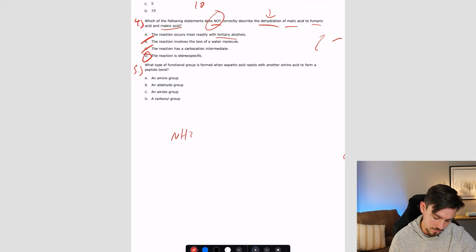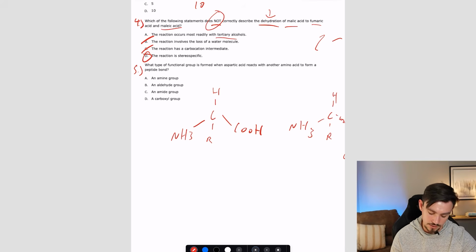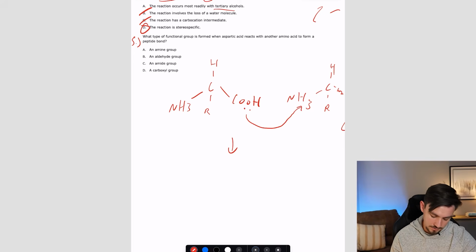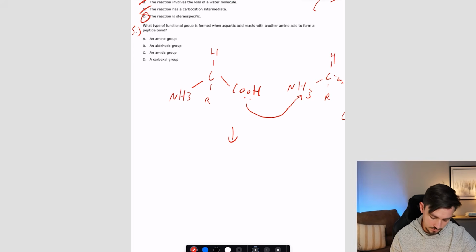So a normal amino acid, just gonna say R, H, COOH, and then it's adjacent to an additional one. None of the other stuff is important. Carboxylic acid. So it's a dehydration reaction. This hydroxyl will pluck one of these hydrogens off, and then we're going to end up left with a peptide bond that is composed of, and we'll label this C1, C2.